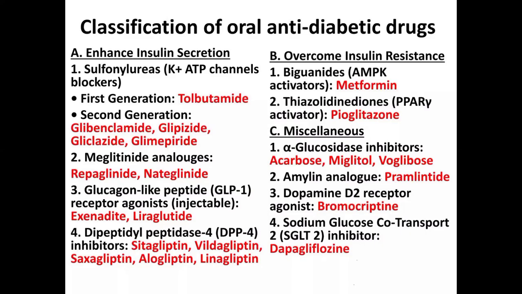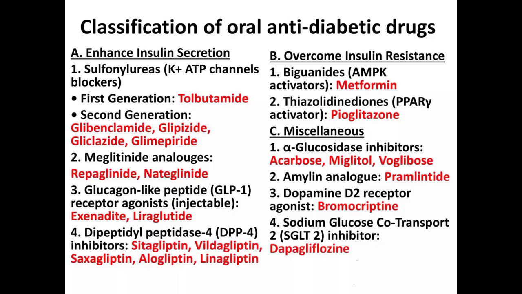Then the fourth one is the sodium glucose cotransporter 2, that is SGLT2 inhibitor. The drug which inhibits the sodium glucose cotransporter channel is dapagliflozin. So this was all about the classification of oral antidiabetic drugs. We saw two types.